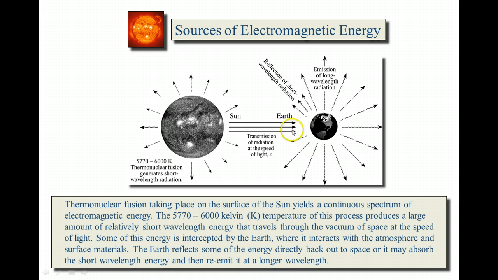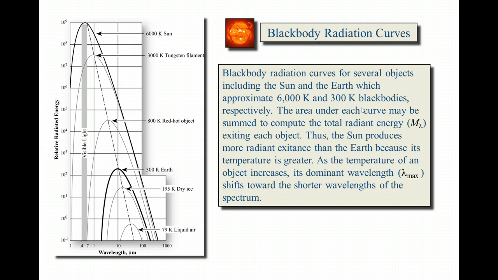What happens once it gets through the atmosphere, the processes that take place in the atmosphere, are scattering and absorption, but then you also have the emission of long wave radiation, of heat radiation, absorption and re-emission of this, and then you have reflection of shortwave radiation, shortwave being visible, a bit of ultraviolet, visible, and near infrared. And so, this again is just sort of reestablishing our understanding of this process.